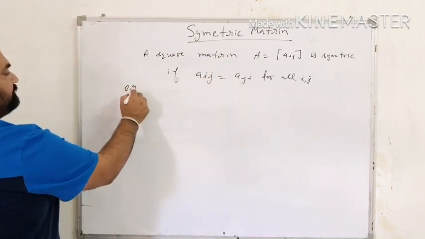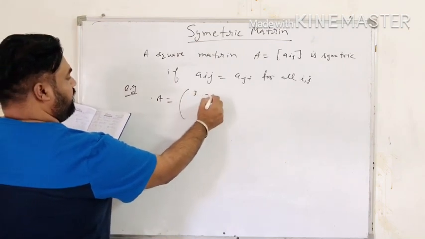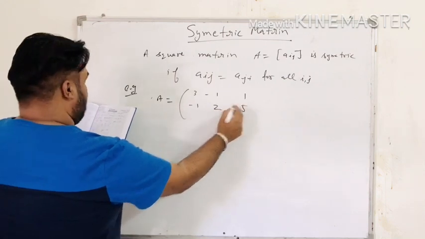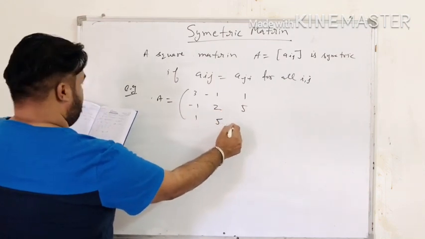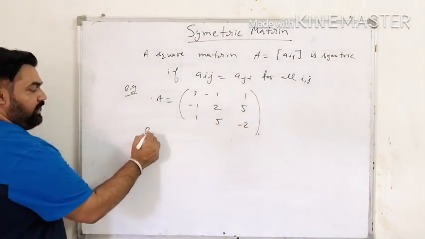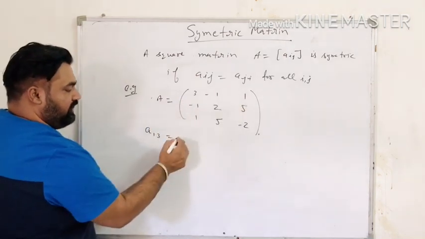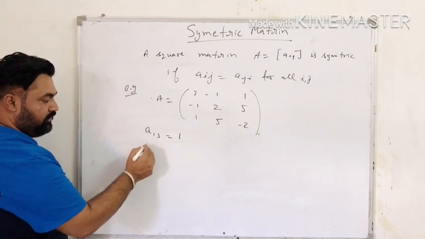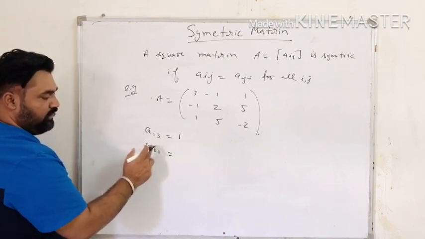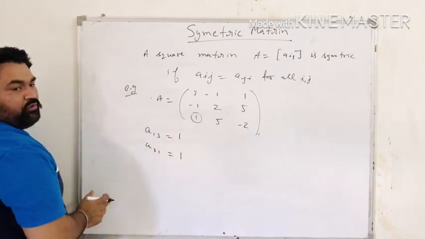For example, if A equals [3, -1, 1; -1, 2, 5; 1, 5, -2]. Now A13 means A11, A12, A13, which is 1, but if we interchange 1 3 to 3 1, A31 is also equal to 1.